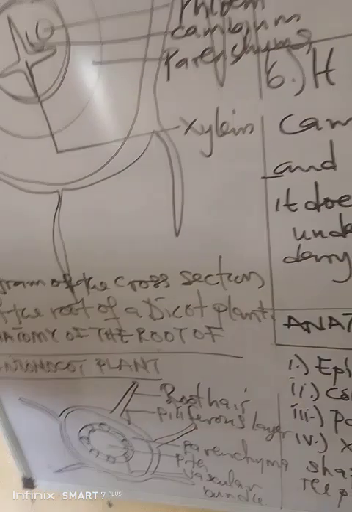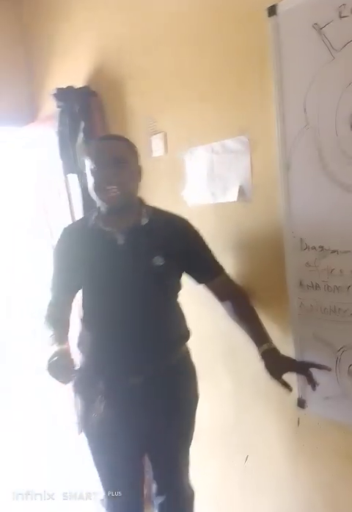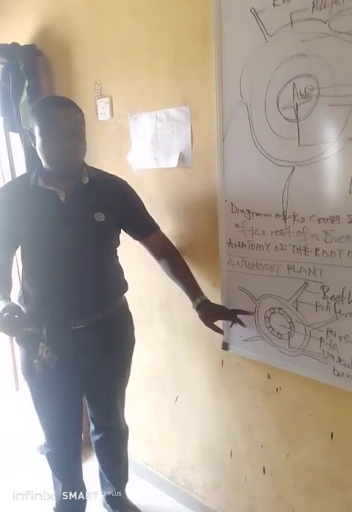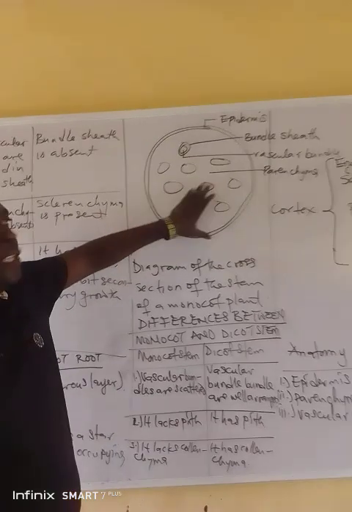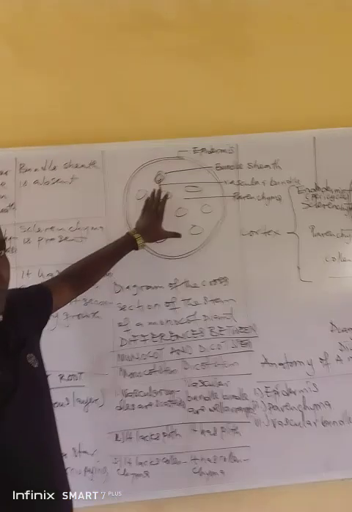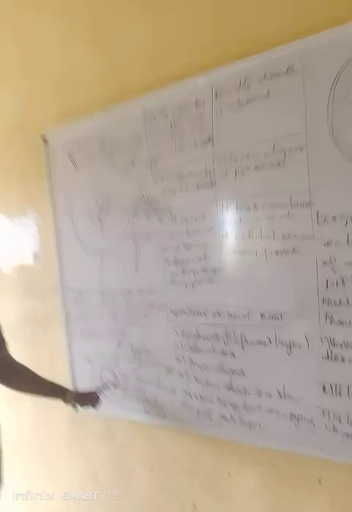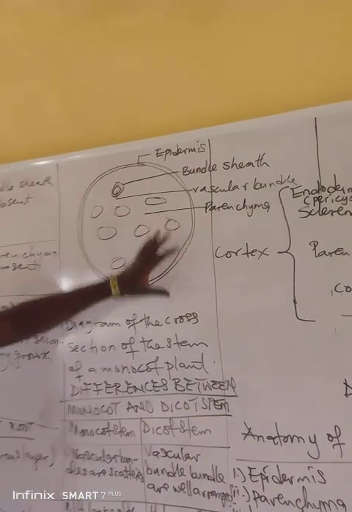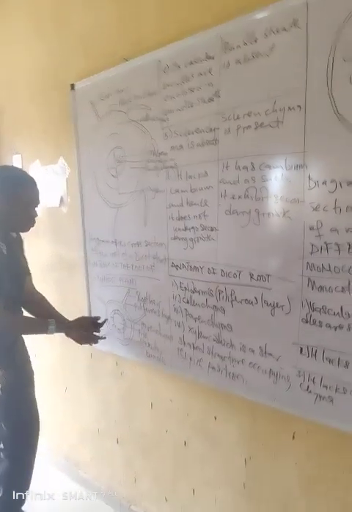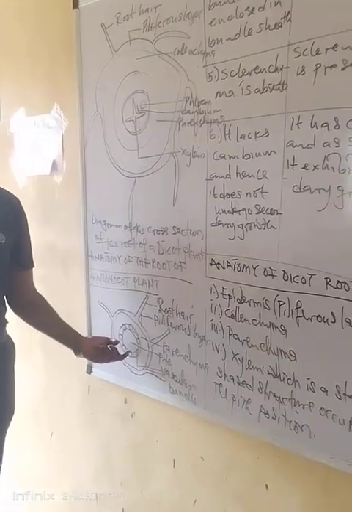Now, let's compare with the monocot stem. In the monocot stem, is there anything like pith? No. In the monocot stem, there is no pith, but in the root of the same monocot, there is a pith. In the monocot stem, the vascular bundles are scattered, but in the root, the vascular bundles are well arranged. Can you see that now?